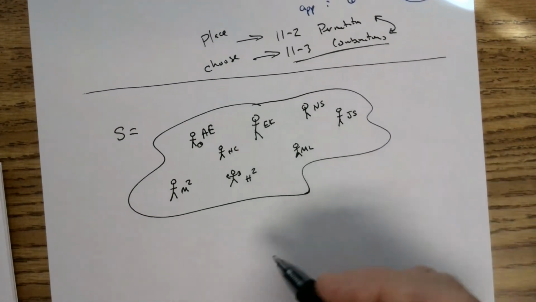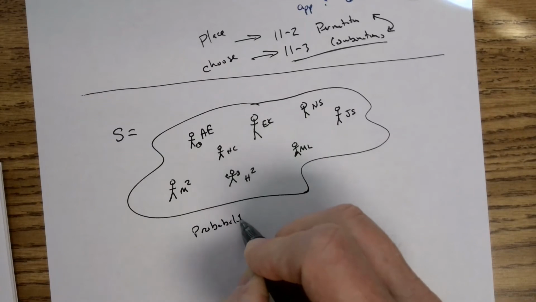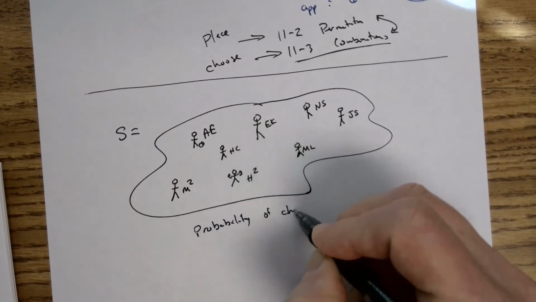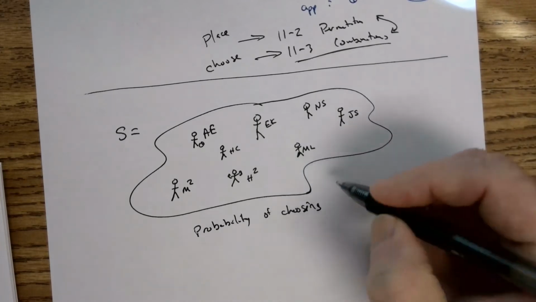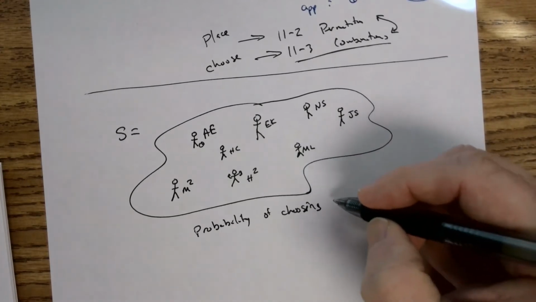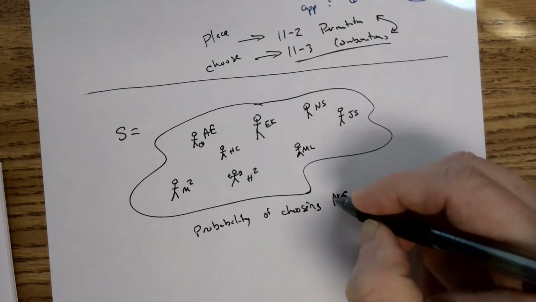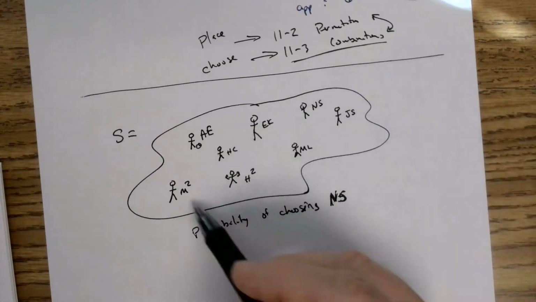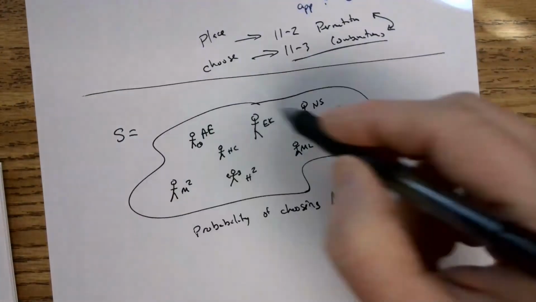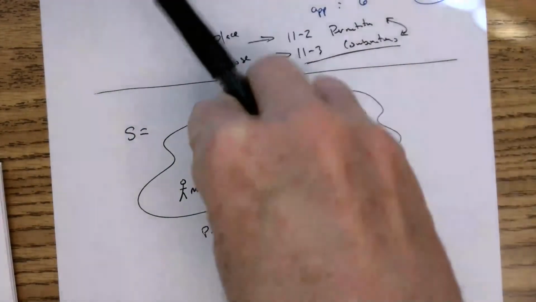So what's the probability of choosing, let's say, NS? But what's the probability of me reaching in? You guys are walking around randomly, and I am like a claw coming in there, grabbing somebody, pulling them out.